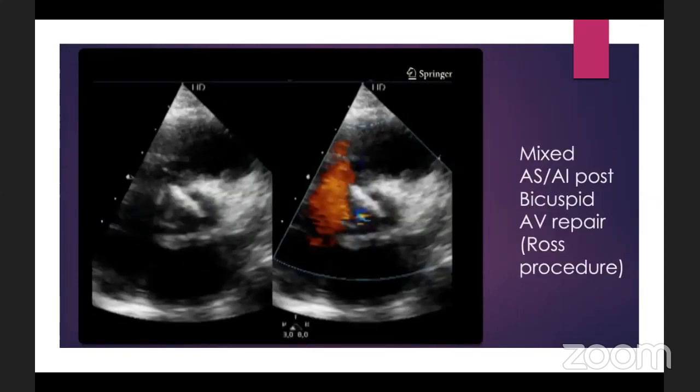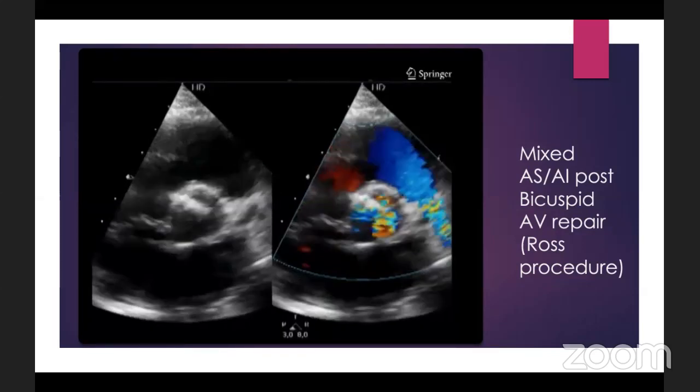This is a different case of a child who presents with mixed aortic stenosis and aortic insufficiency after an attempted bicuspid valve surgical valvotomy previously, and has been followed up for a few years, and now presents with a mixed type pathology. And the decision was to proceed with the aortic valve replacement using a pulmonary autograft, or what's known as the Ross operation.